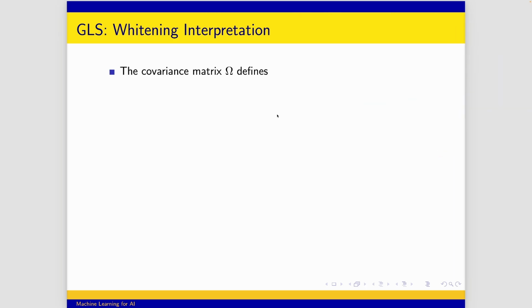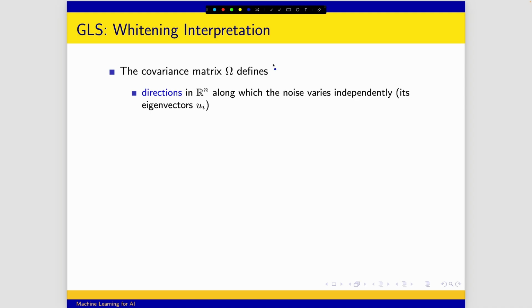Now, let's examine omega, specifically the significance of its eigenvalues and eigenvectors. Omega is an n by n matrix in Rn by n.